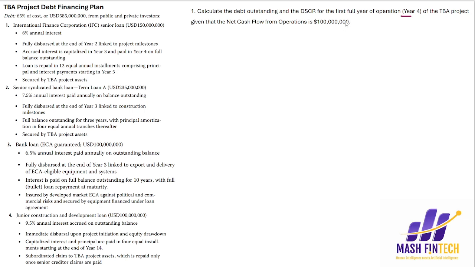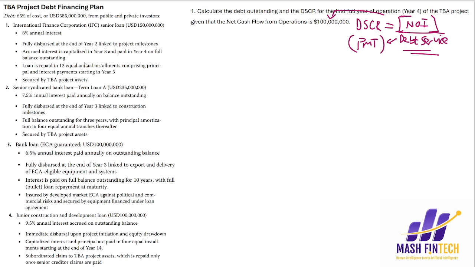Okay, so to calculate the debt service coverage, because the debt service coverage is simply the net operating income divided by the debt service. We are given this already. This is given as 100 million. What we want is the debt service. This one is a bit more tricky as opposed to what we've been doing, where we're just calculating the periodic payments in the financial calculator and multiplying by 12.